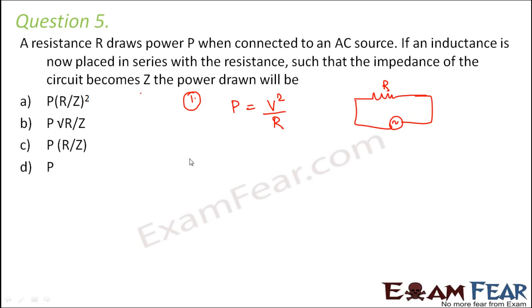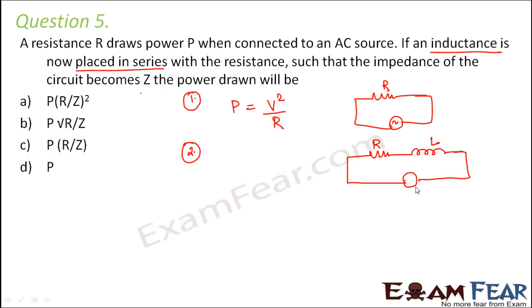What happens in scenario 2? So in scenario 2, an inductance is placed in series. So basically in next scenario, you have an inductor which is placed in series with the resistance like this. So this is inductor, this is resistor, and this is the AC source. So in this case, what is the power?